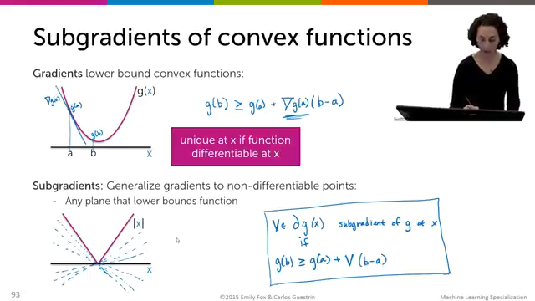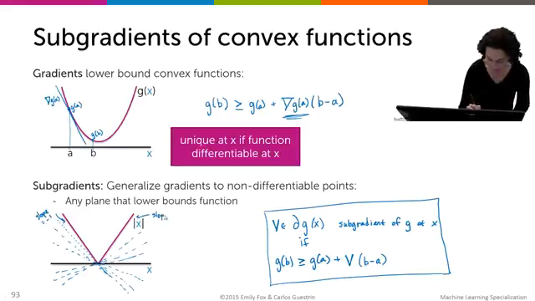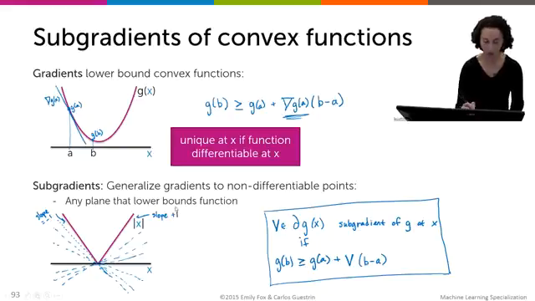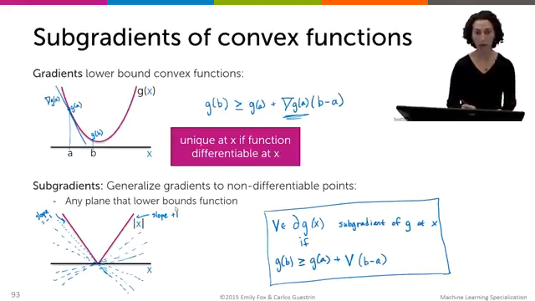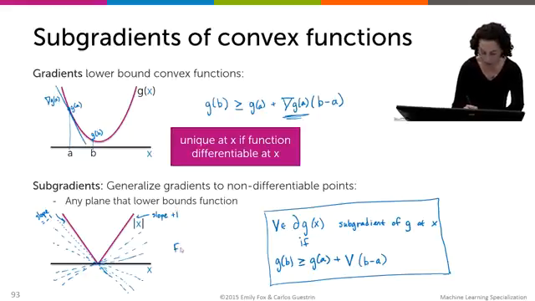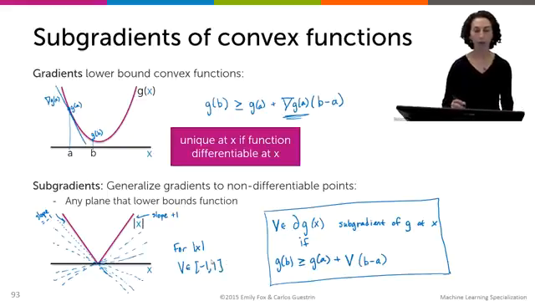And what are the slopes of these planes? Here the slope is equal to -1, and here the slope is equal to +1. And we see that any line with a slope in the range -1 to 1 is going to lower bound this absolute value function. So for the absolute value of x, we have that v is in -1 to 1. So -1 to 1 represents our subgradient of the absolute value of x.